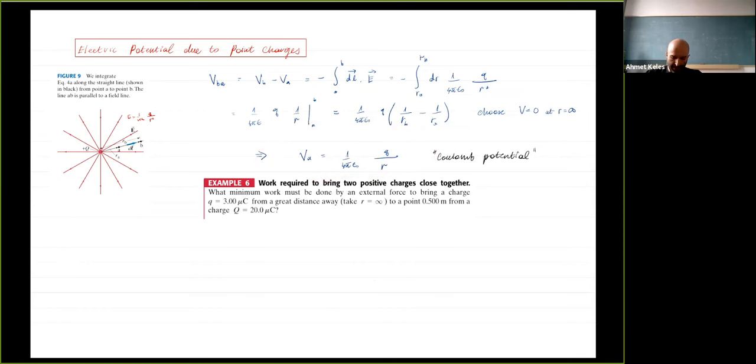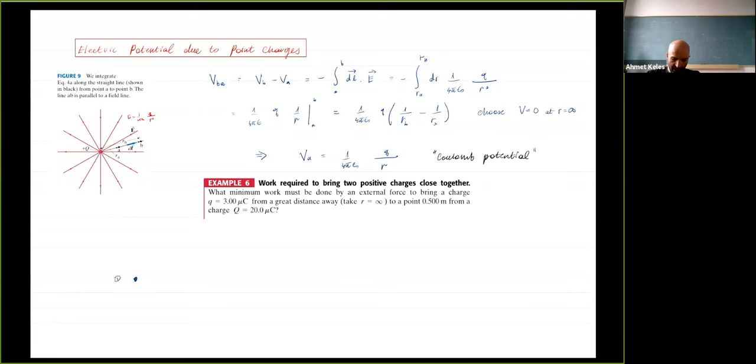So here is an example: the work required to bring two positive charges close together. What minimum work must be done by an external force to bring a charge q from a great distance away to a point 0.5 meters from a charge Q of 20 microcoulombs? So here's how I would do it.